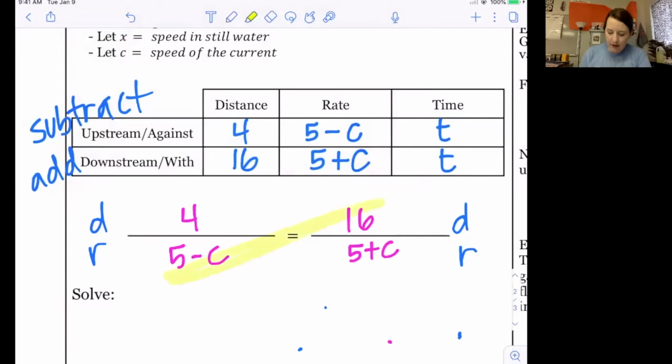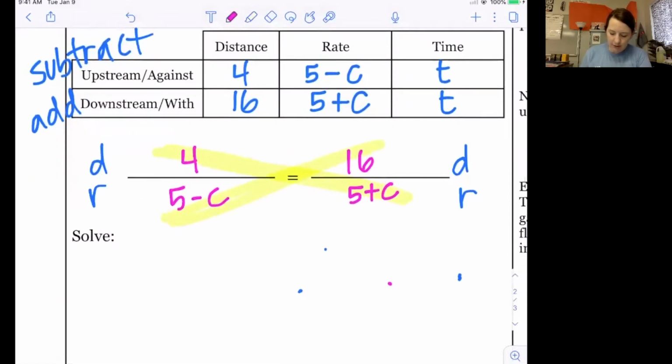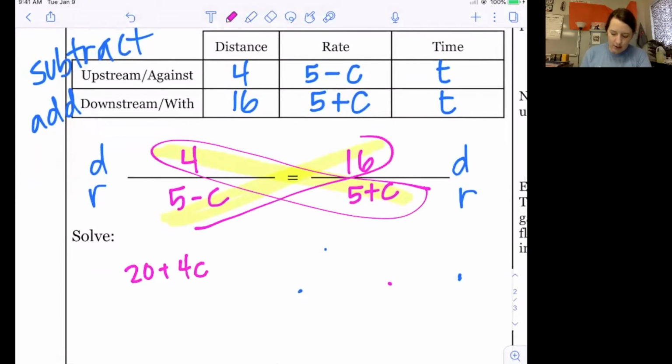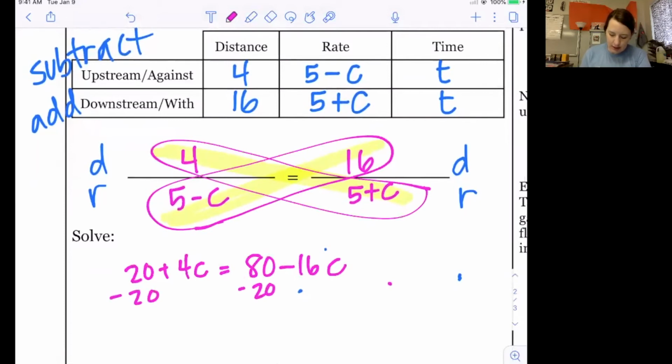So we're going to go ahead and cross multiply because we have a proportion. So if I do this one, I have 20 plus 4C. On this one, I have 80 minus 16C. So I'm going to go ahead and subtract the 20 to the right.